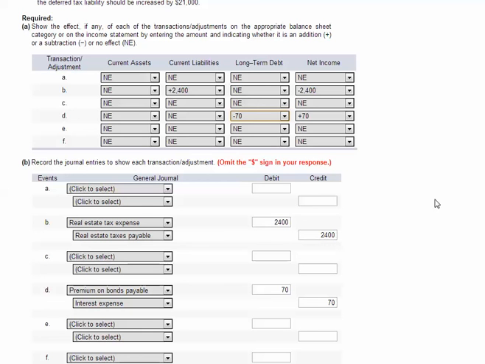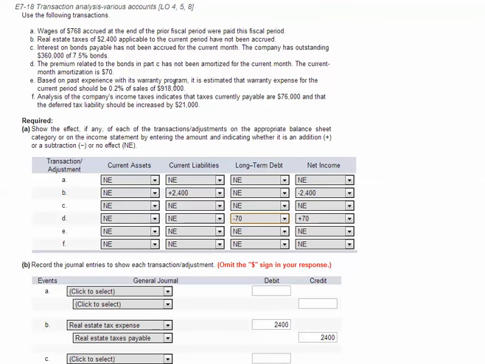Okay, let's see. How about E? It says, based on past experience with its warranty program, it's estimated that warranty expense for the current period should be 2% of sales, $918,000. Well, a second ago we showed the entry when we actually did the repair parts. Now let's look at when we would actually create the warranty expense. So we multiply the $918,000 times 0.2%.